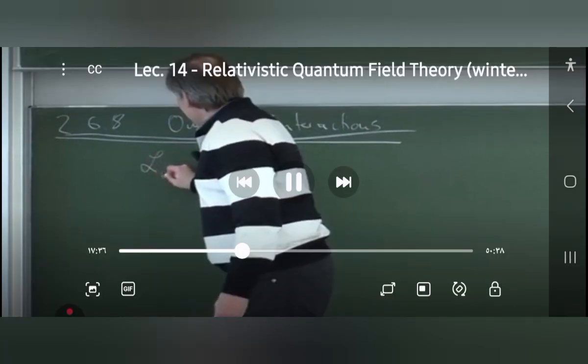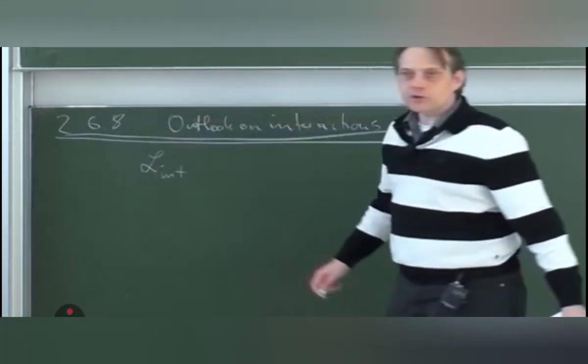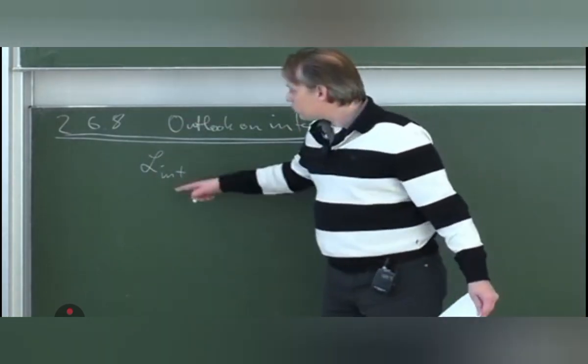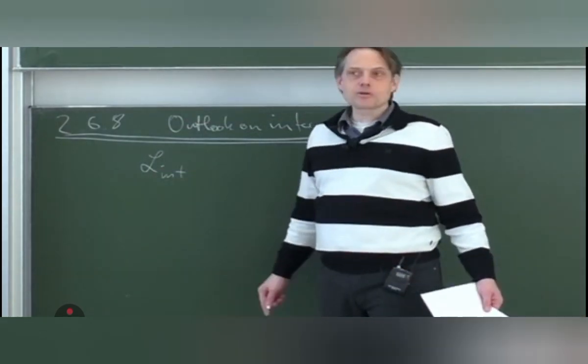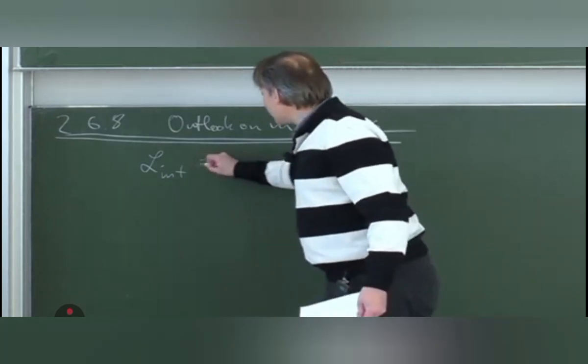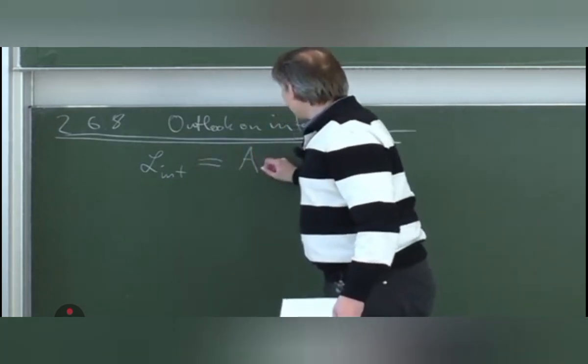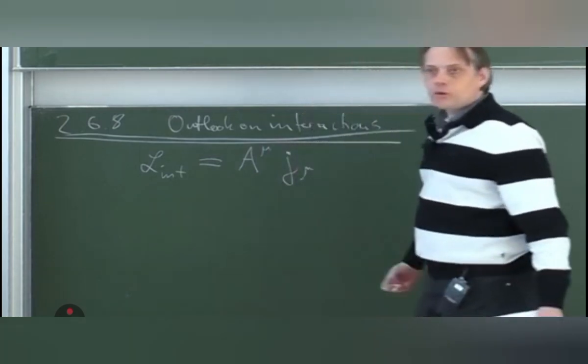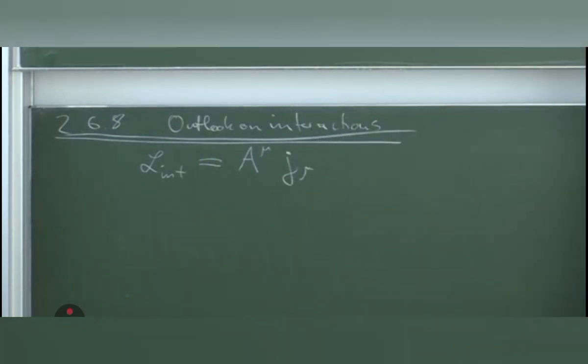So let us now imagine how an interaction term could look like. An interaction can be written in terms of an interaction Lagrangian. And let us simply make the ansatz A mu times J mu, which would be the correct ansatz for electromagnetism.